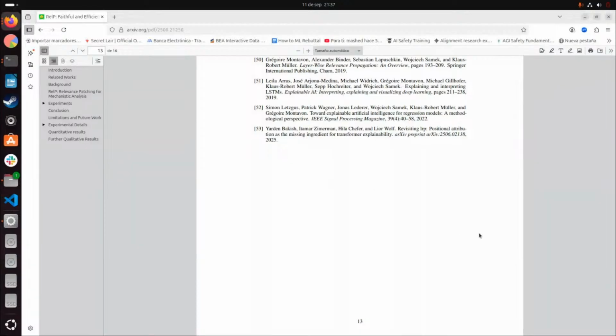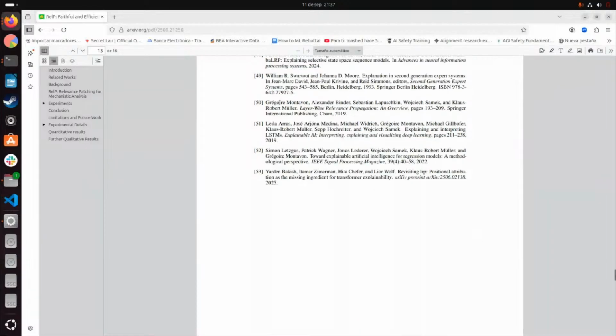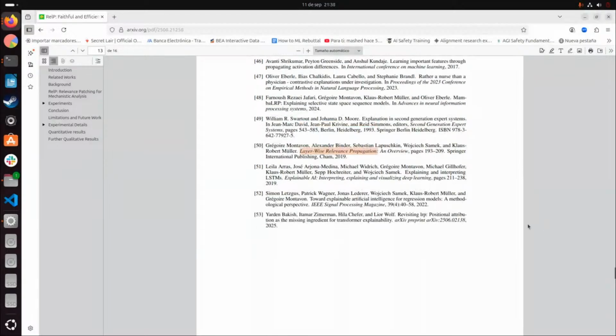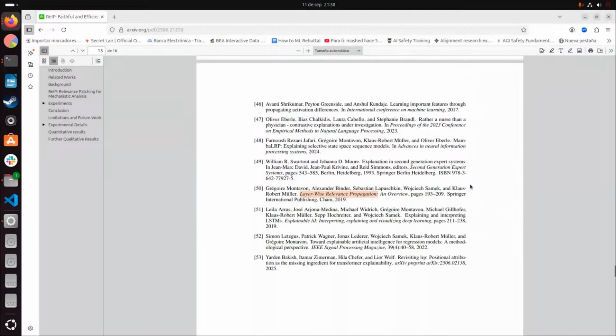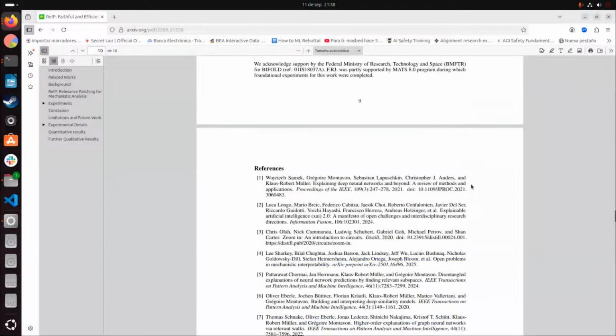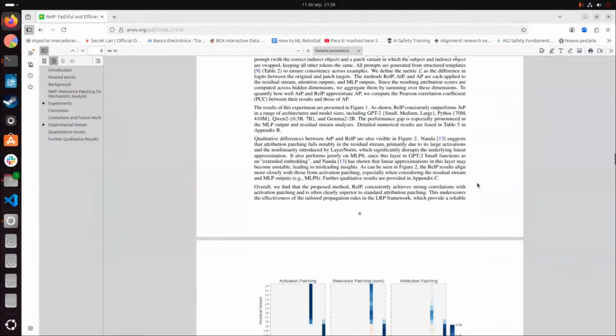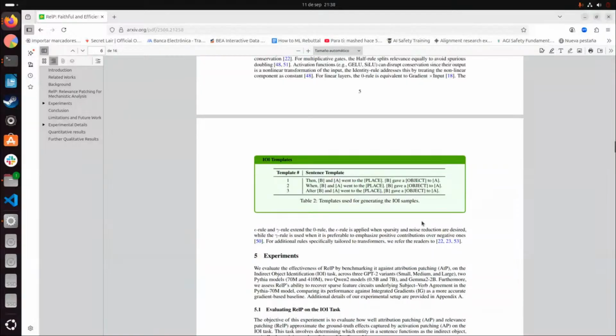And they cite some other work on this layer-wise relevance propagation. So I guess some other paper already invented this. People had already invented this layer-wise relevance propagation thing, and this paper is just: let's use it for activation patching and see what happens.